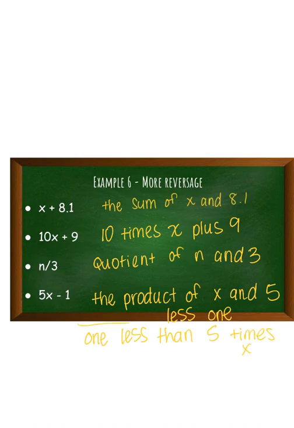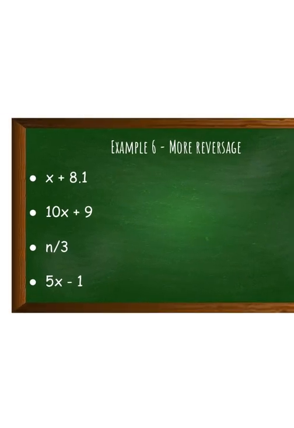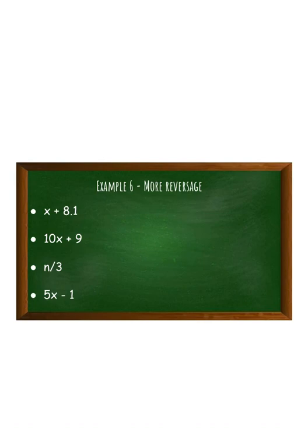Okay? Either one of these two would have been okay. Actually, there's multiple other ways, but just keep in mind, whenever you say less than, that means the 1 is going to go at the end, or more than, it would go at the end. All right, moving on. Example 6, more reversage. Actually, we just did these.